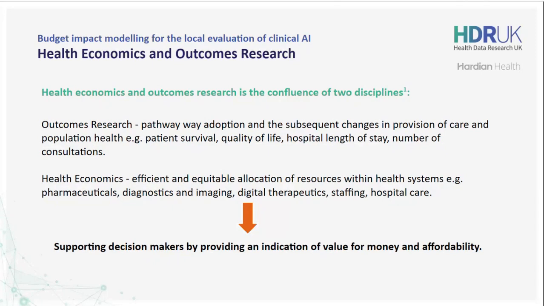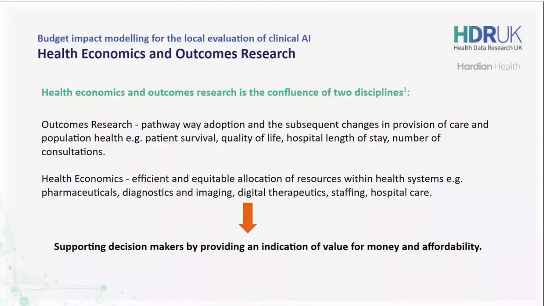brilliant. So just to begin with, health economics and outcomes research is what it says on the tin: a combination of two disciplines, health economics and outcomes research. I'll start by discussing the outcomes research, because without it, it's not really possible to do any form of health economic assessment. Outcomes research focuses on quantifying the impact of a technology beyond clinical effectiveness and safety.